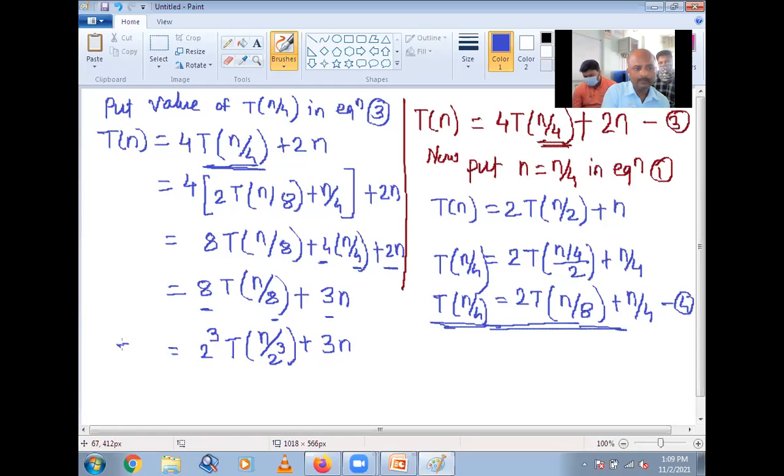So we can write in general 2 raised to i, T of n upon 2 raised to i, plus n into i. Are you getting?